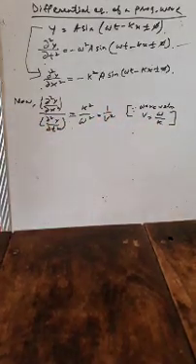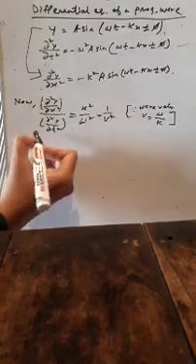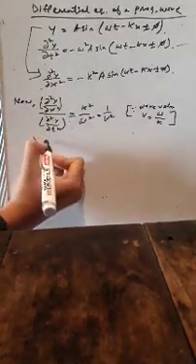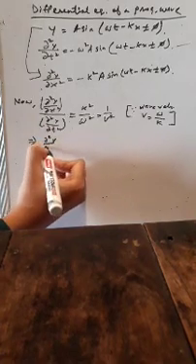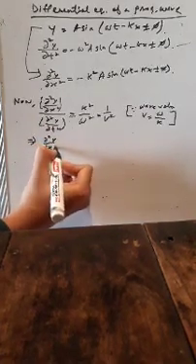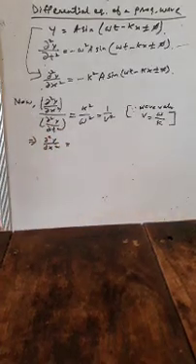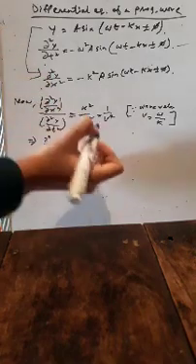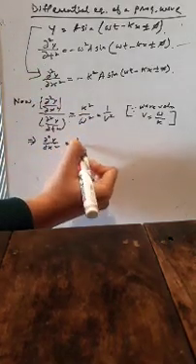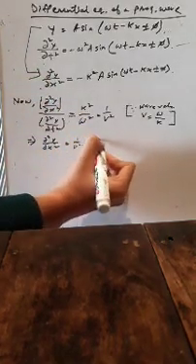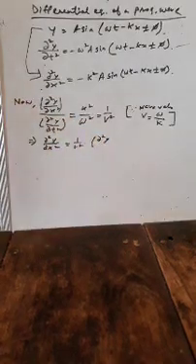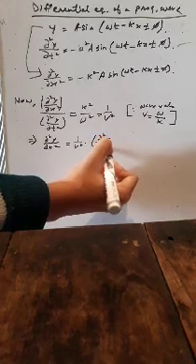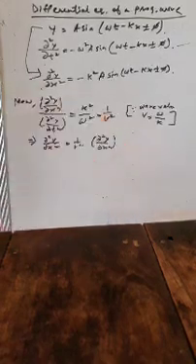So let us rearrange it and write again. Del square y by del x square equals, this will move up, 1 by v square into del square y by del t square.